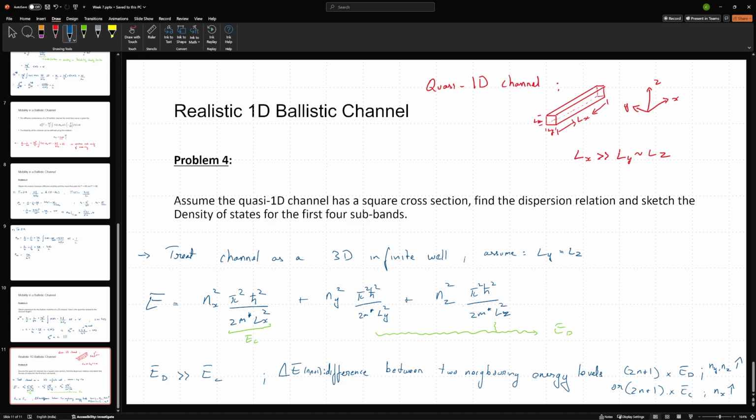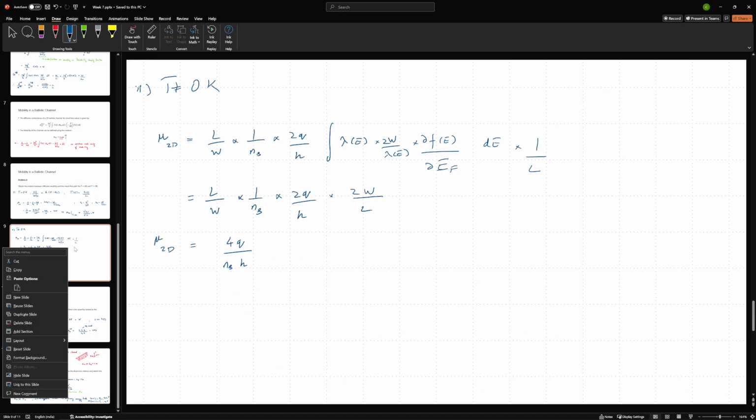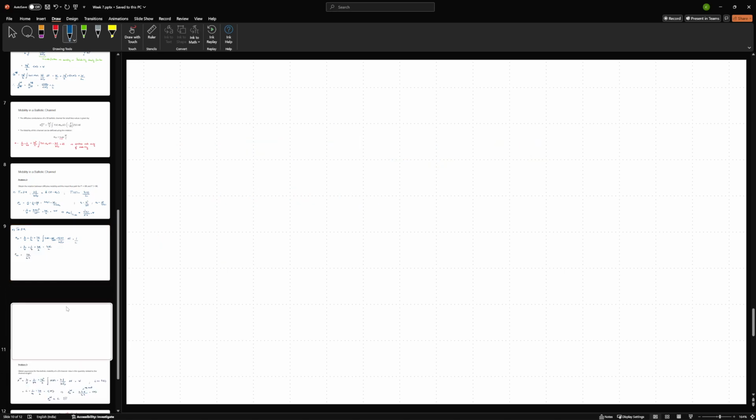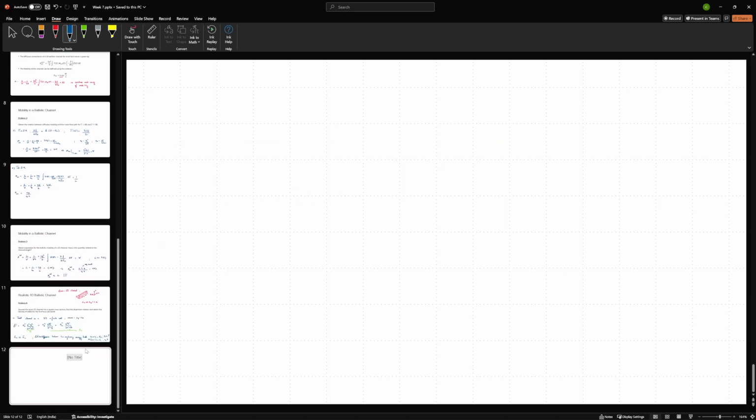Now what we can notice is, if nx goes to nx plus 1, delta E is approximately 0. It's going to be very small.